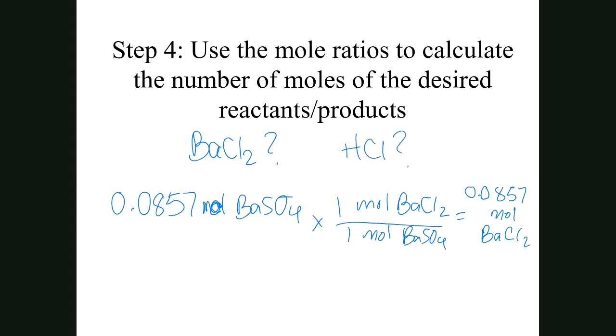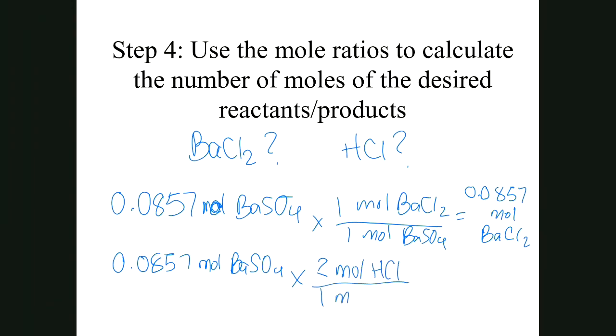So let's find out. So we had 0.0857 moles of barium sulfate, and our mole ratio for this is 2 moles of HCl per 1 mole of barium sulfate.